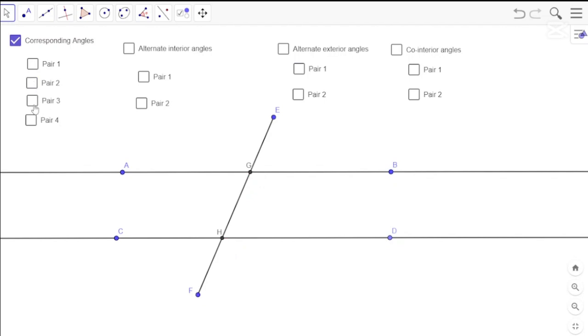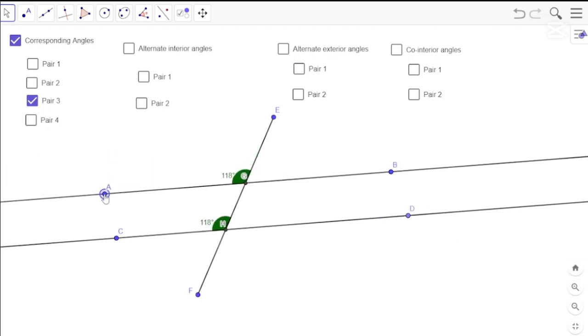Let's look at pair 3. We also see that angle AGE is also congruent or equal to angle CHG. So we have 114 degrees and 114 degrees.